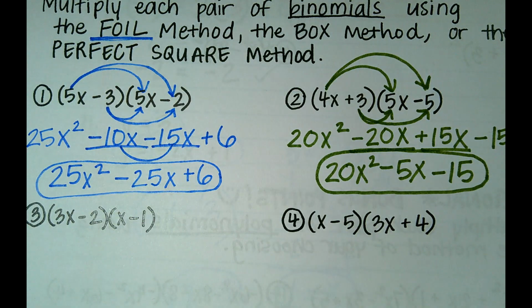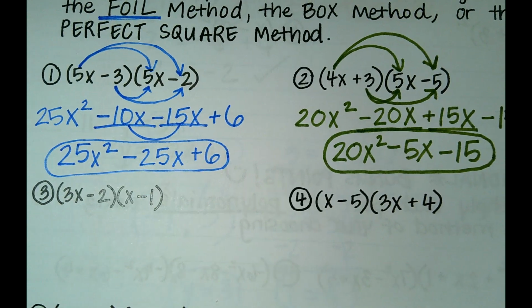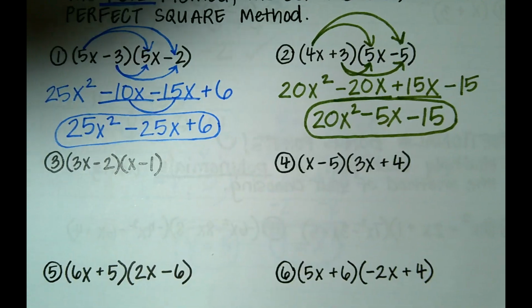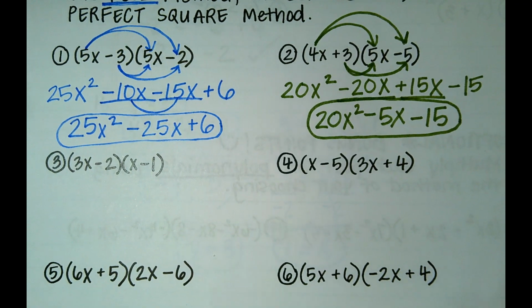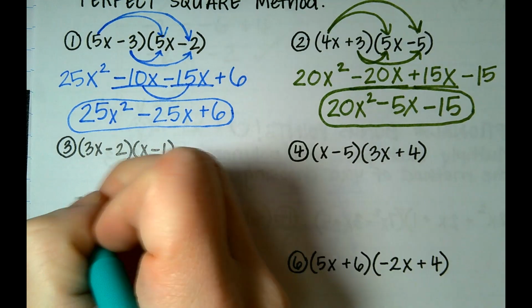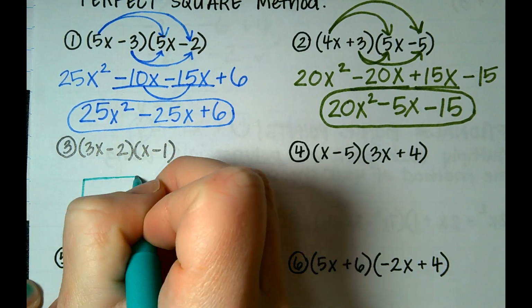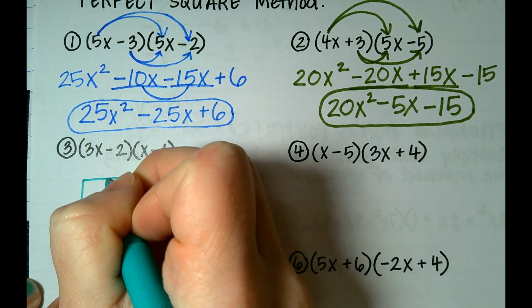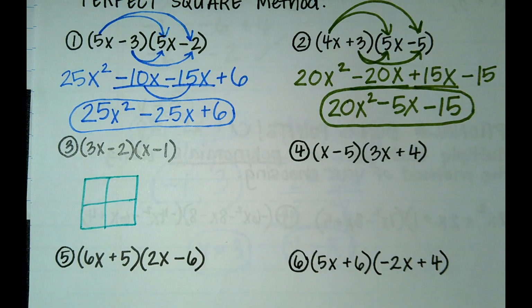Okay, so for number 3, let's review the box method, just in case anybody prefers that method. If you like the FOIL, you don't have to use the box method, but it does exist, so we'll show it anyway. So for number 3, I'm going to start by drawing myself a box. Looks like a little window.